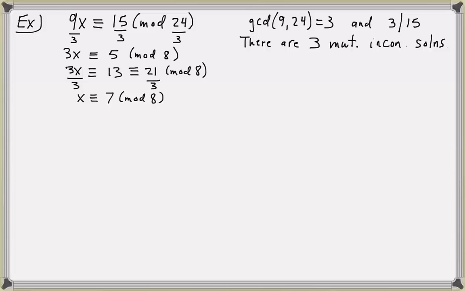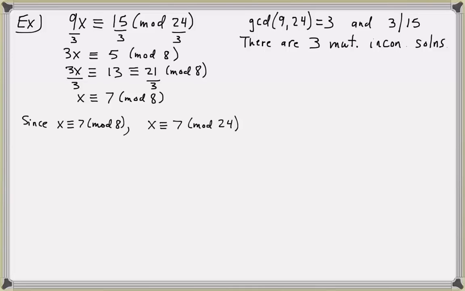But I wanted a solution to a congruence mod 24. Well, if x is 7 mod 8 and 24 is a multiple of 8, then x will also be congruent to 7 mod 24.